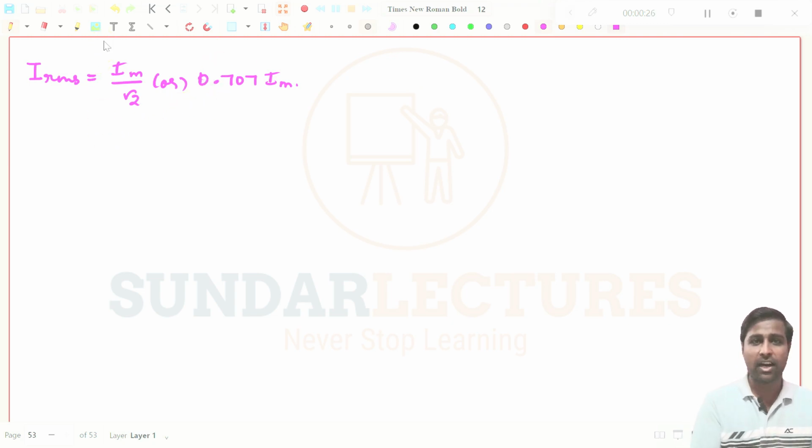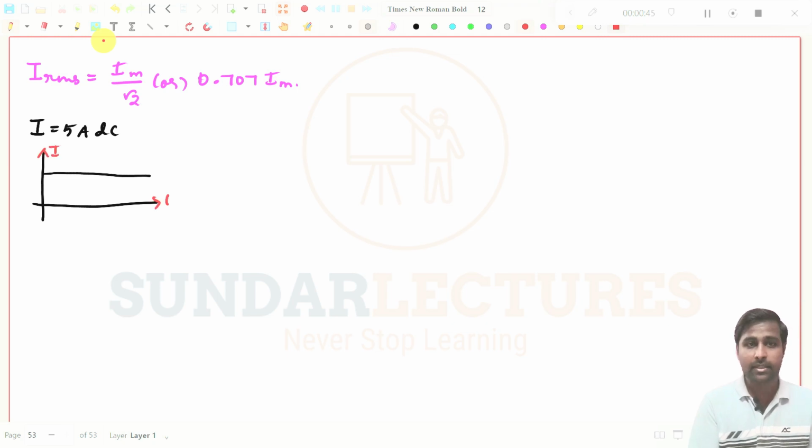Anyhow, I try to draw the same diagram again. If you are taking I equal to 5 ampere DC, then how it looks like, this will be like this, right? This is the current and this is the time, and this is nothing but 5 amperes.